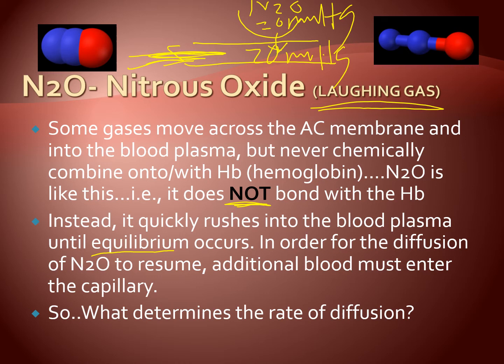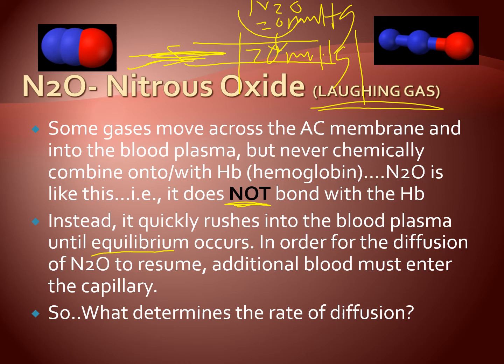If I had really high blood pressure or good blood volume or high heart rate, where I'm sending a lot of blood really fast through the alveolar capillary bed, then I'm going to reach that equilibrium, but just as soon as I reach that equilibrium, new blood shows up in the alveolar capillary relationship. And then once I reach that equilibrium, new blood's going to show up and I'll reach that equilibrium again. So it's all about that equilibrium.